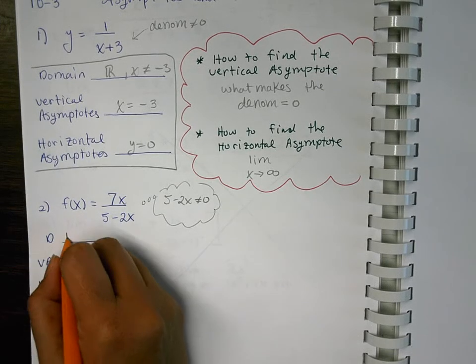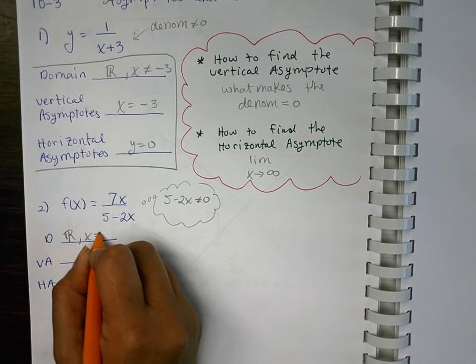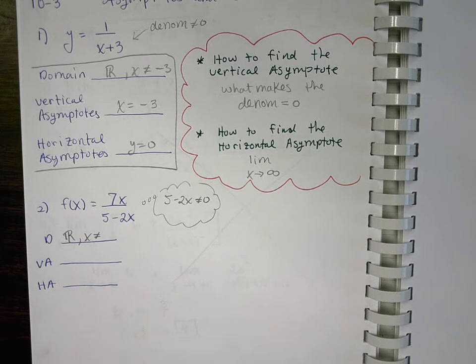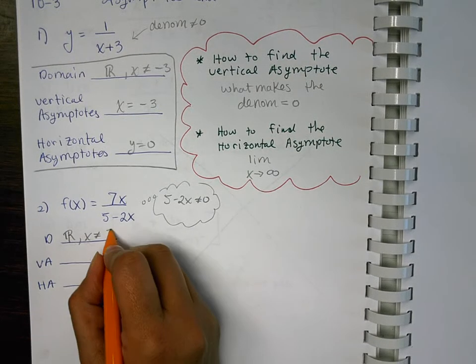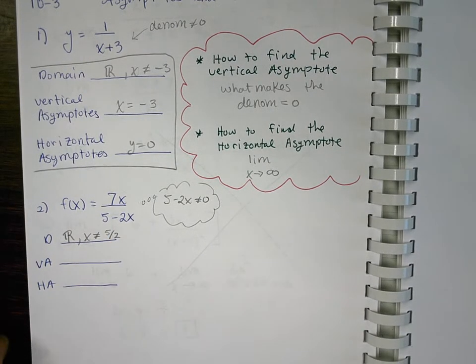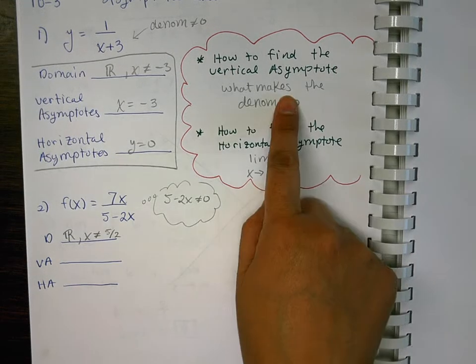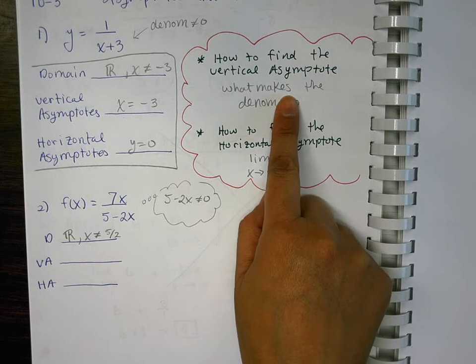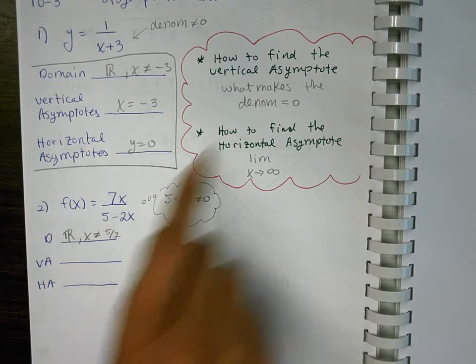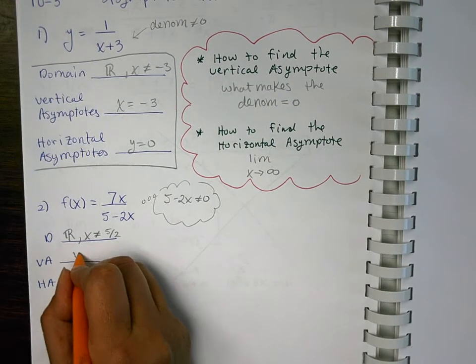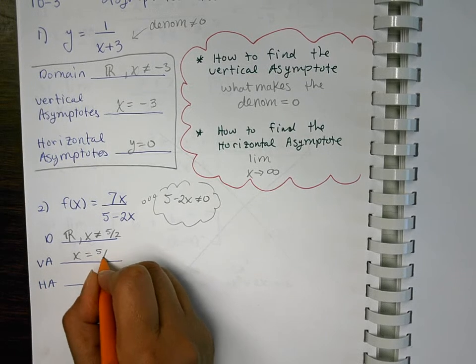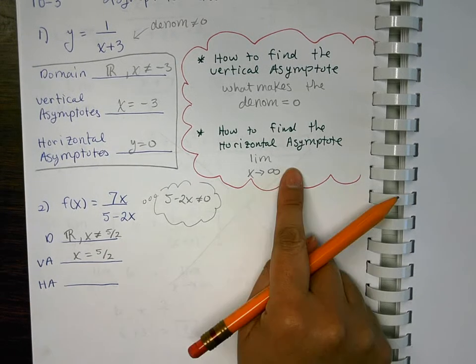All reals, where x cannot equal what? X cannot equal 5/2. Do you guys agree? Yes? All right. Vertical, how do we find the vertical? We just found that. So what is x going to equal? 5/2. And horizontal, how do we find the horizontal?